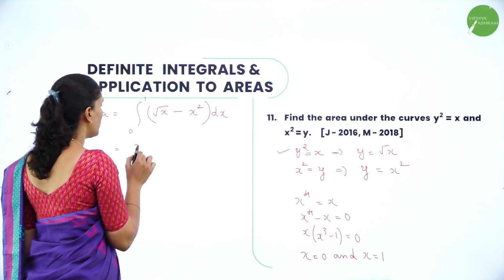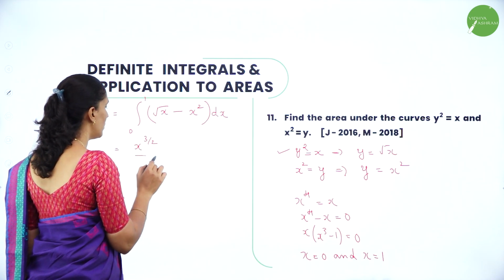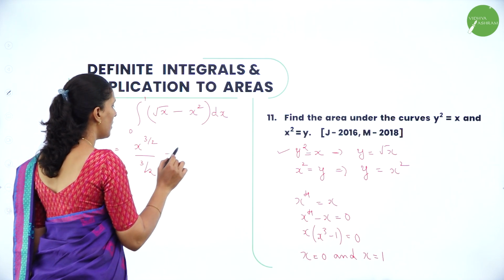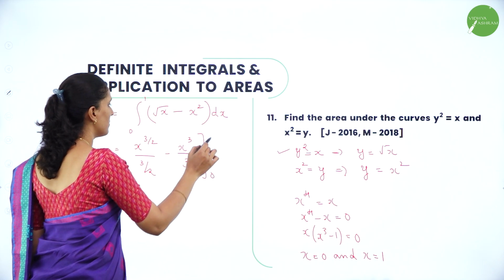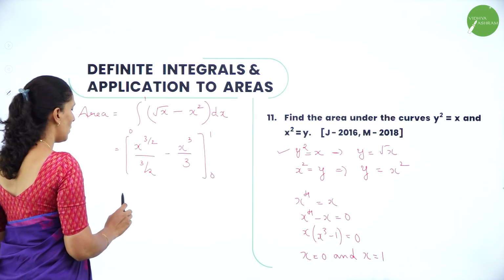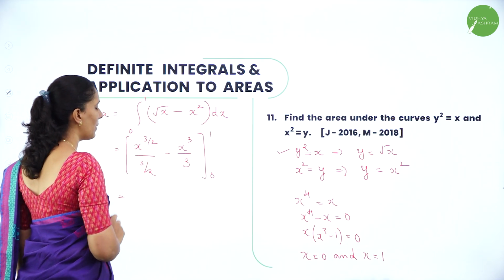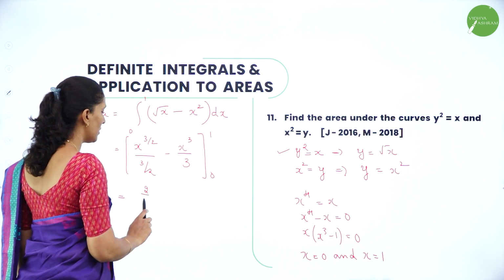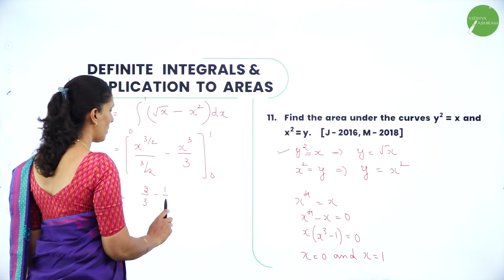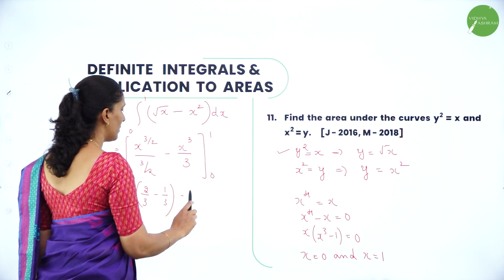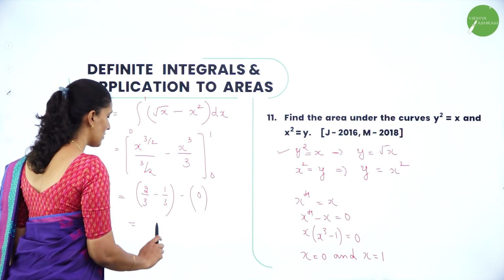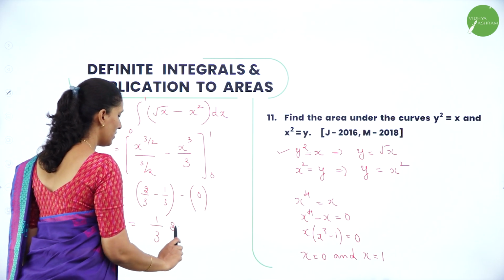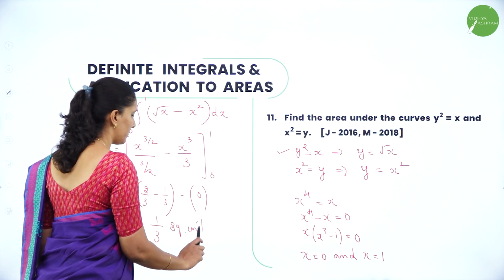Again this is equal to x to the power 3 by 2 divided by 3 by 2 minus x cube divided by 3, limits from 0 to 1. So let us apply this: 1 to the power 3 by 2, so here it is 2 by 3 minus 1 by 3. And if we apply the limit as 0, this is completely 0. 2 by 3 minus 1 by 3 is 1 by 3 square units.